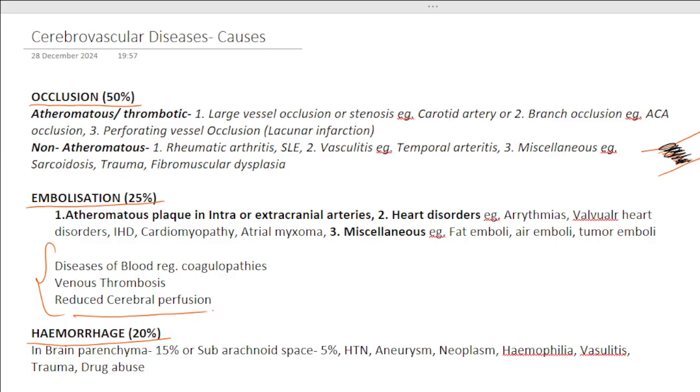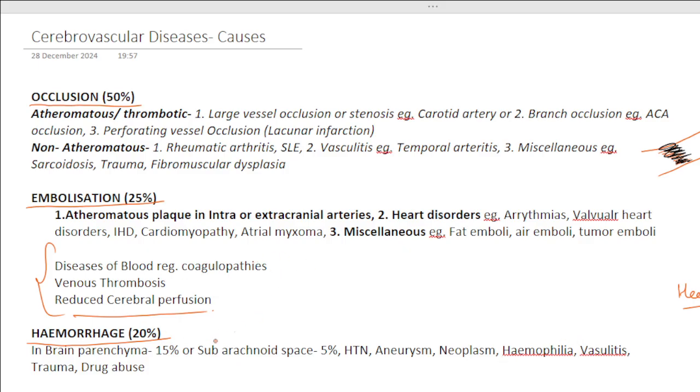Or there are some heart disorders where you can consider the heart as a whole region, where the heart disorders are giving, we discussed arrhythmias, valvular heart disorder, everything. Or ischemic heart diseases, these all can give a problem, right? So this is how I wanted to say it.